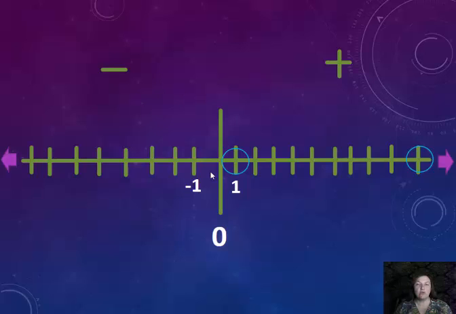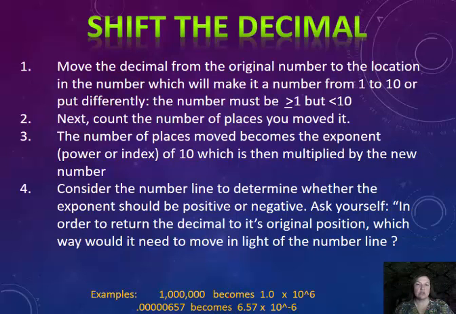We have to move in a positive direction, 6 spaces to the right, in order to return the decimal to its original position. So 1 million is 1 times 10 to the 6th power in scientific notation.